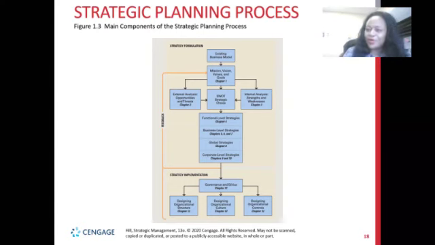In chapter 2, we're going to go over external analysis, where we look at things outside of a firm that can affect its ability to achieve competitive advantage. Because remember, that's the end goal of strategy making.